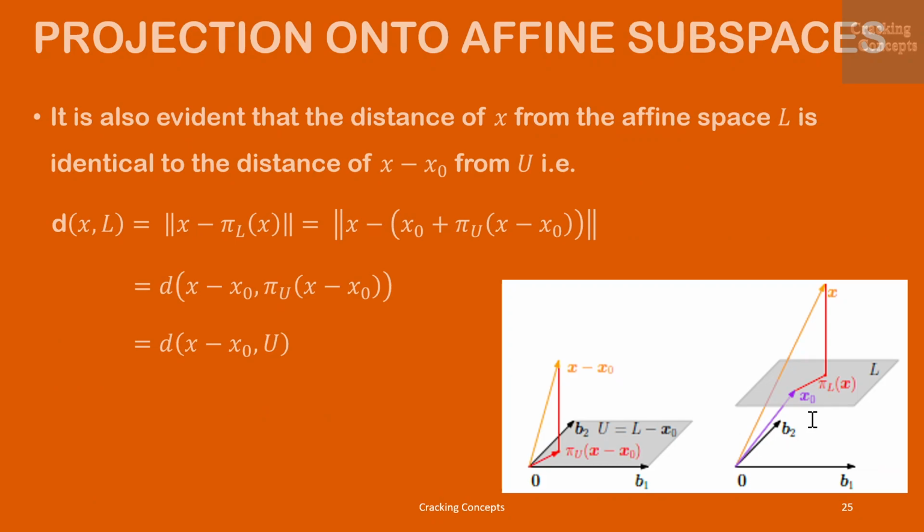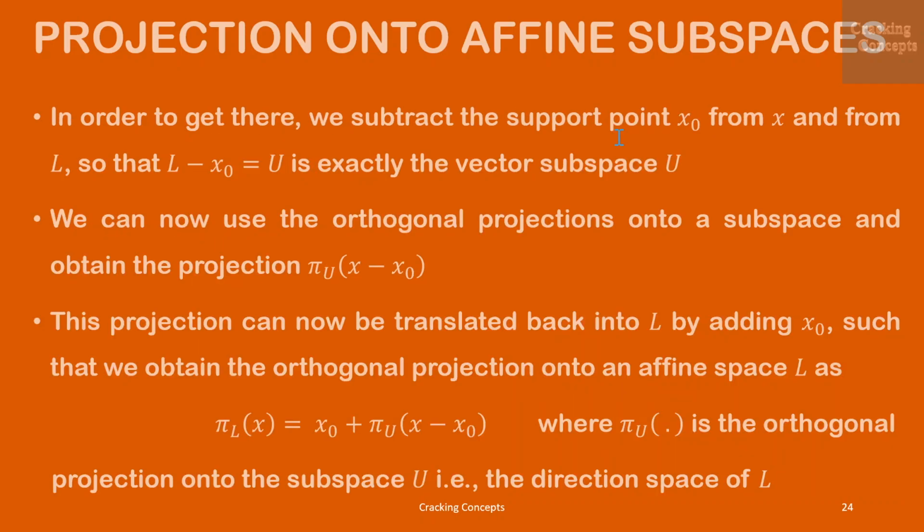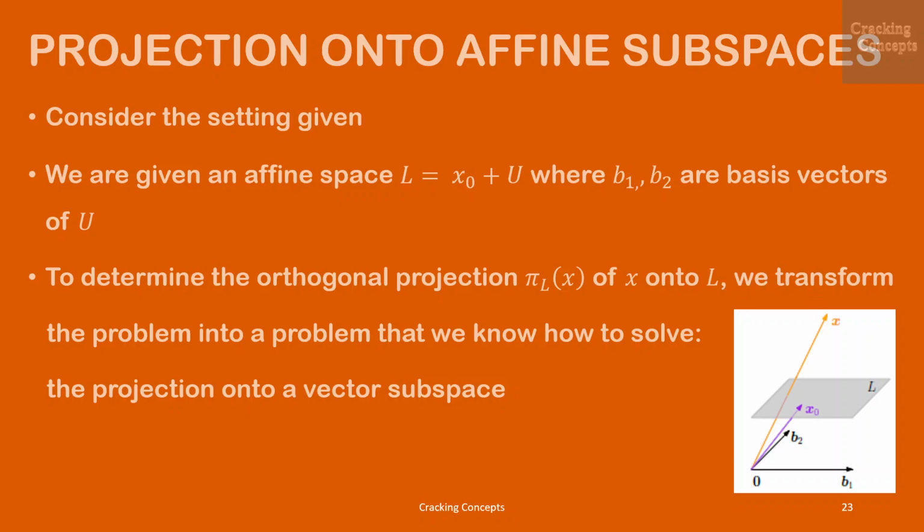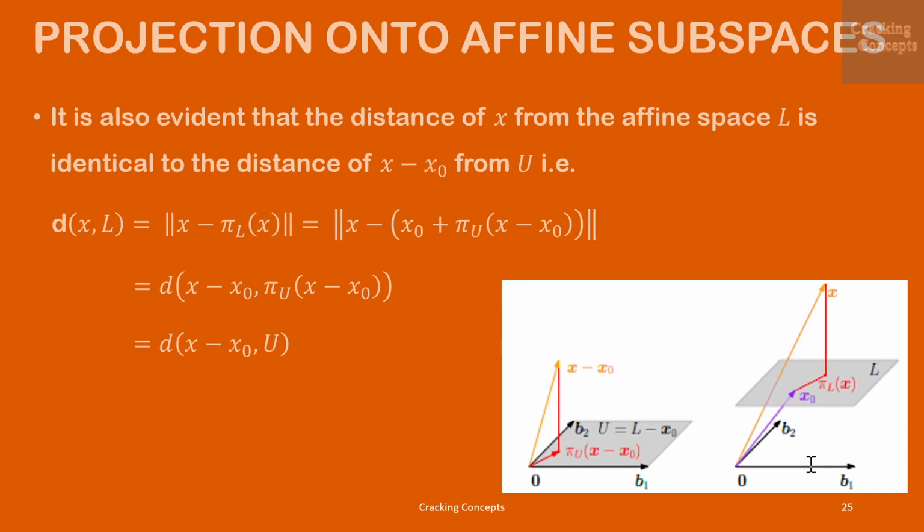It is also evident that the distance of vector x from the affine space L is identical to the distance of x minus x0 from U. So that can be written as the distance of x comma L given by the norm of x minus pi L of x.